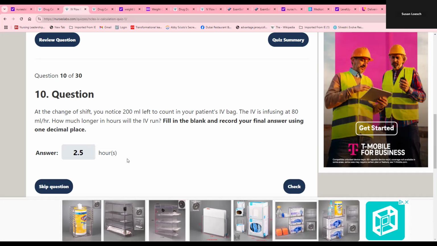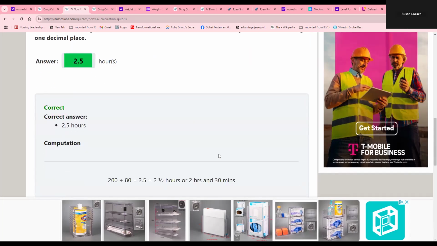So how many minutes would that 0.5 be representative of? Yeah, it's 30 minutes. It came right out to the dot, right? So that 0.5, you multiplied it times 60.